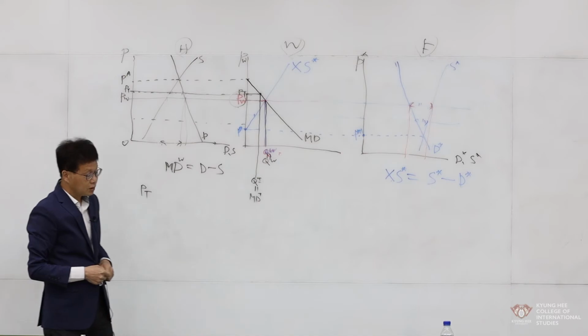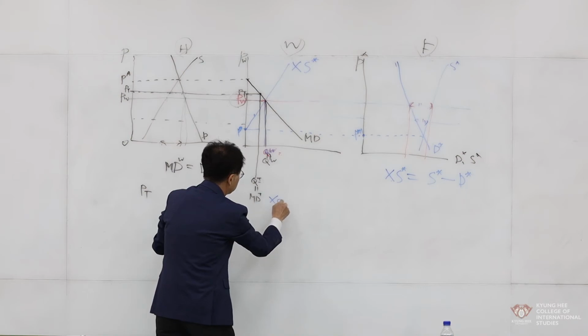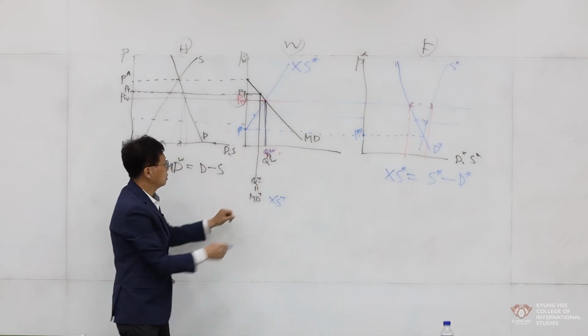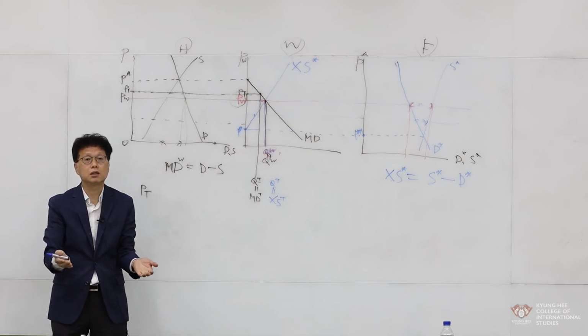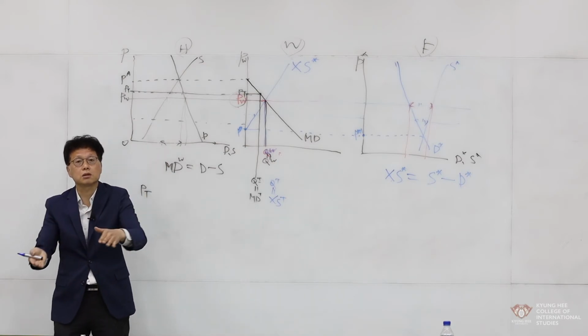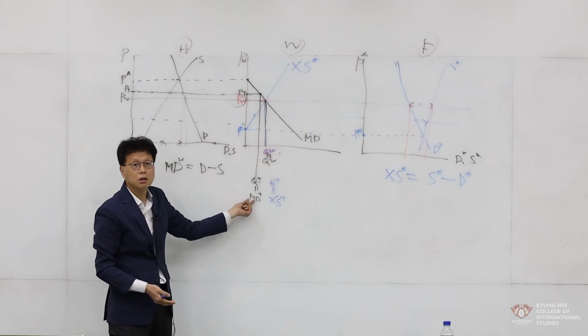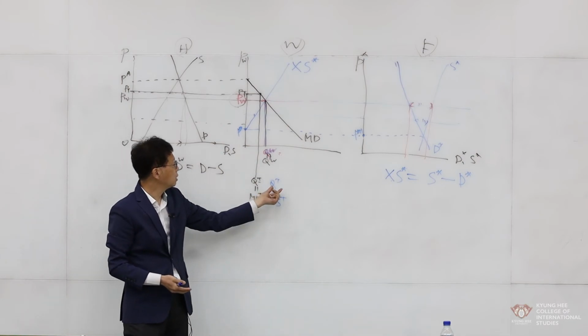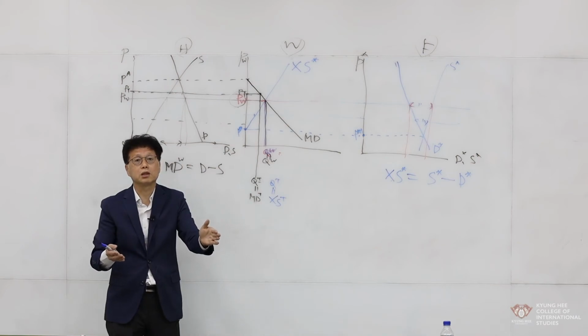Then export supply by foreign, Australia, should be equal to QT. Then the world market reaches equilibrium again after imposition of tariff by the Korean government. Got it? Quantity demanded should be equal to quantity supplied. Quantity demanded decreased from QW to QT. Right? Then export supply, it was QW originally, but this one also should be decreased.